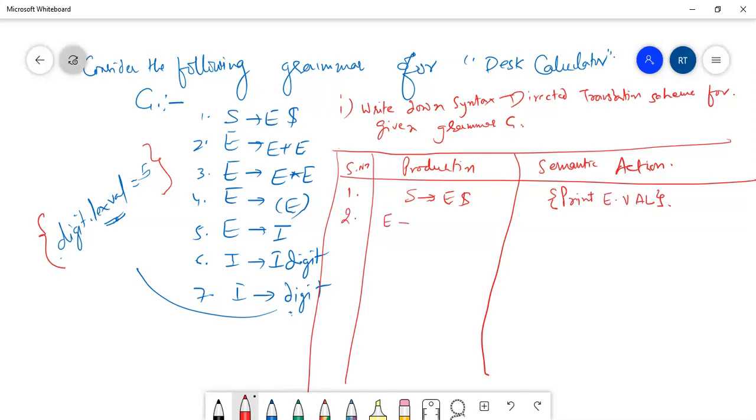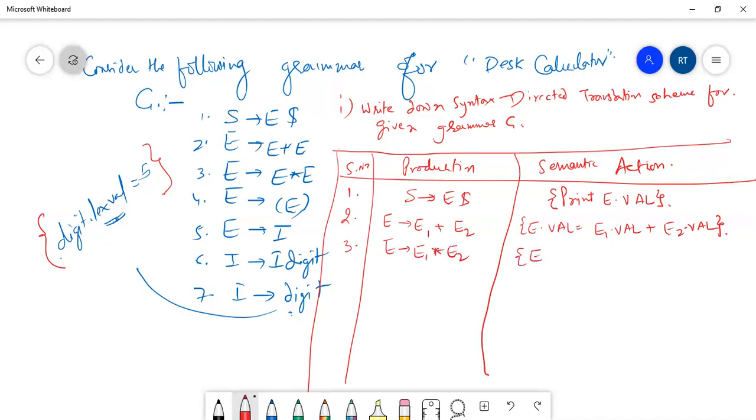Now the second production is E tends to E1 plus E2. The semantic action is E dot val equals E1 dot val plus E2 dot val. Third is E tends to E1 star E2.